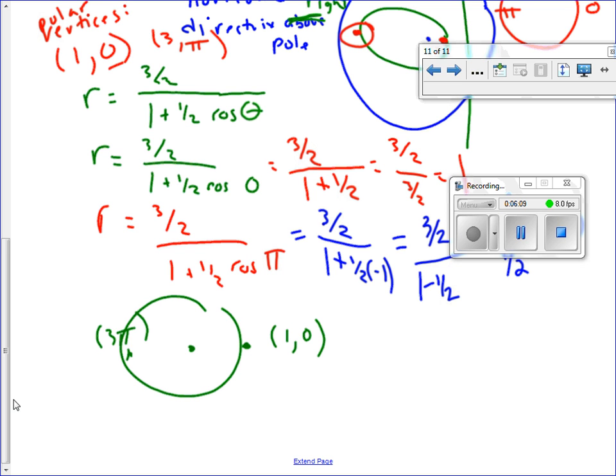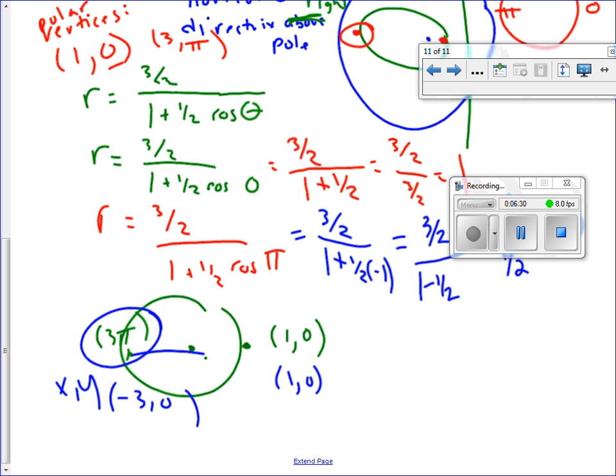So in relation to 0, 0, in xy coordinates, this point's still at 1, 0. This point over here is at -3, 0, because it's 3 units away from the pole. So those are my vertices, 1, 0, and -3, 0 in xy coordinates.